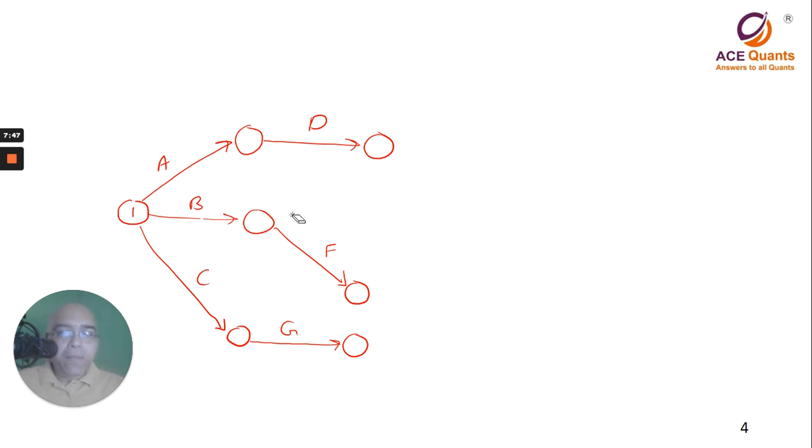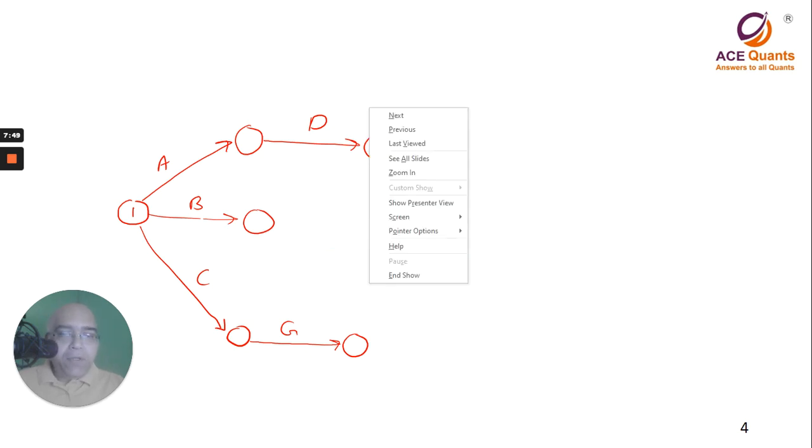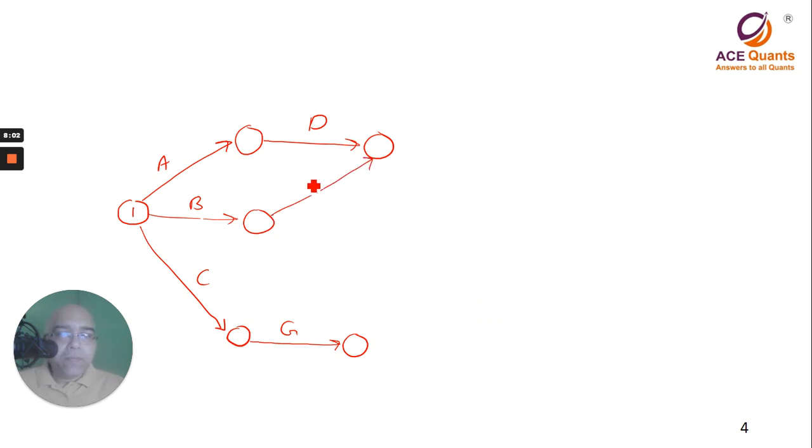Instead of showing E and F like this, I will show E and F like this. So this is E, this is F. Now to start with H, I need one place where D and E are completed.